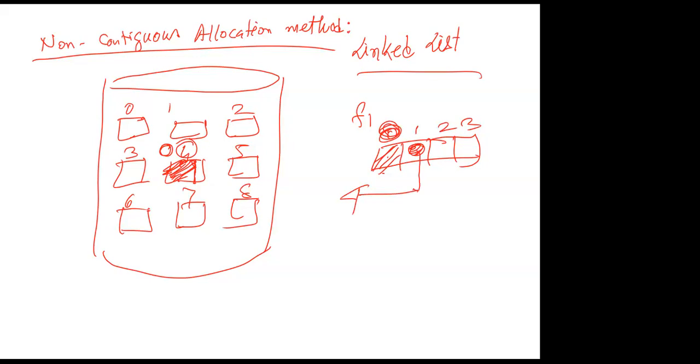Let's say the one number block is stored in here, and the two number block is stored in here, and then the third block is stored in here. So 0 is here, 1 is here, 2 is here, and the third number block is here.